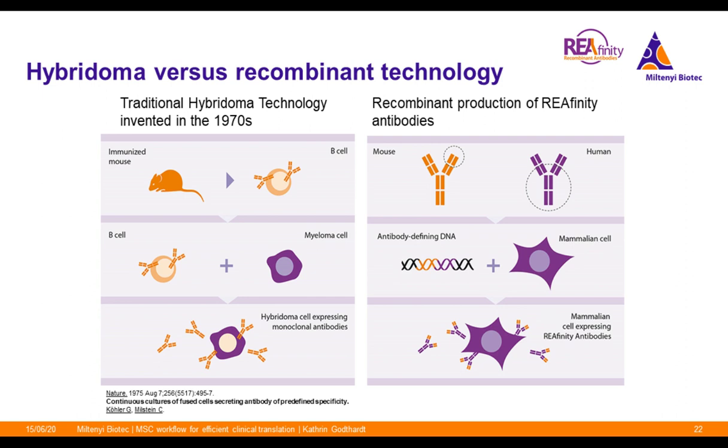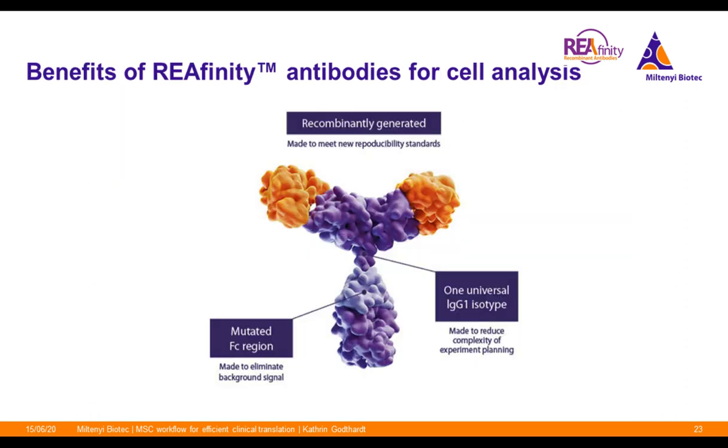So the new way to produce antibodies in a recombinant way, using here our REAfinity antibodies, is based on a mammalian cell production system producing recombinant antibodies consisting partly of a human and a mouse part.